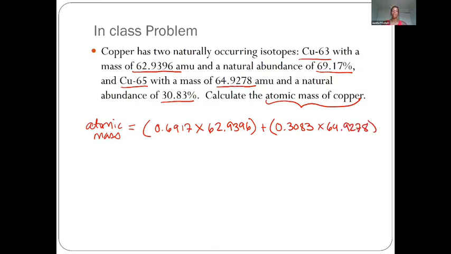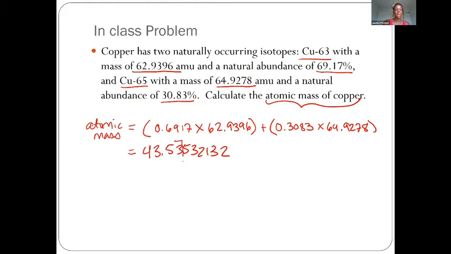Now, when we plug that into our calculators, for the first parentheses, we get 0.6917 times 62.9396, and we end up with 43.53532132. Again, we learned about sig figs in the last chapter, so we still have to apply them here. This answer would have 4 significant figures because it's a multiplication problem.